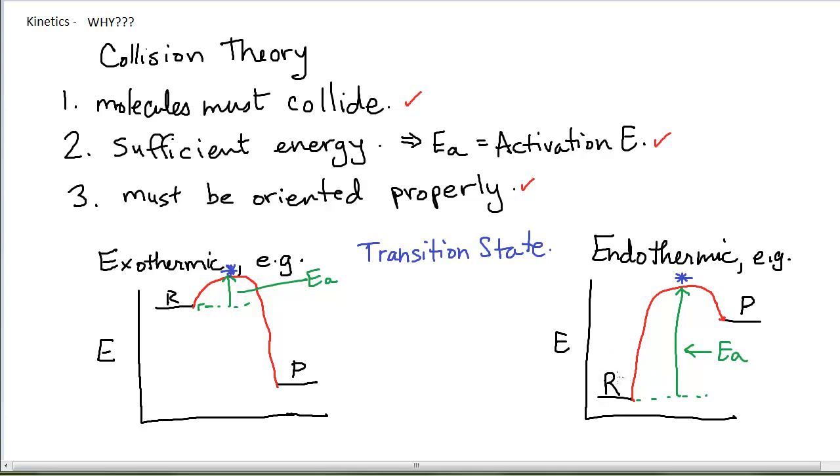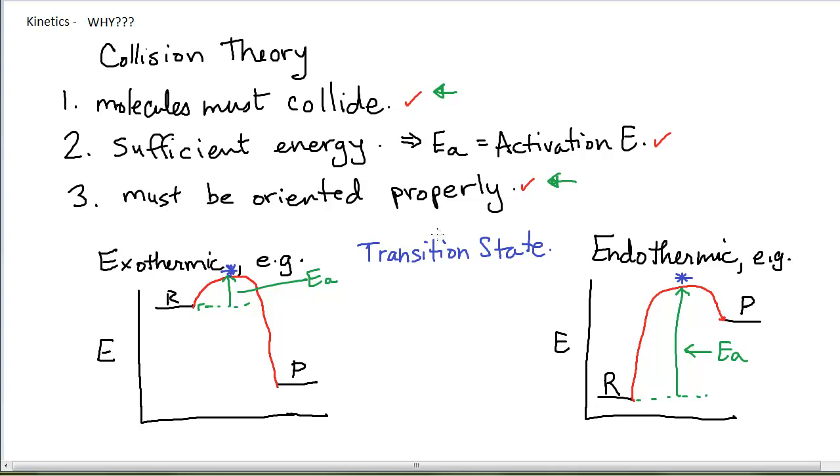These are what my energy diagrams look like. They show that this energy barrier has to be overcome. If we look closely at the transition state, we see that it takes into account orientations of molecules, and again, the fact that the molecules must collide in order to go on and form products.